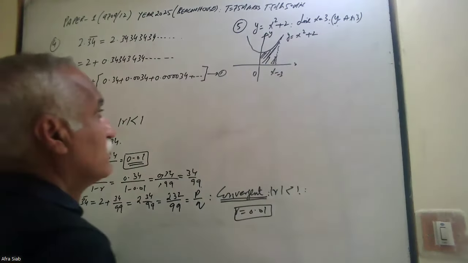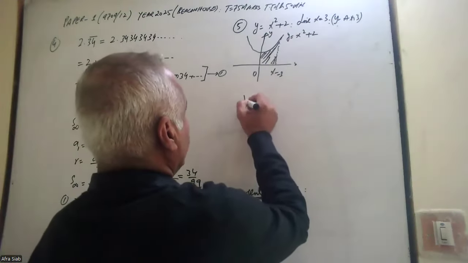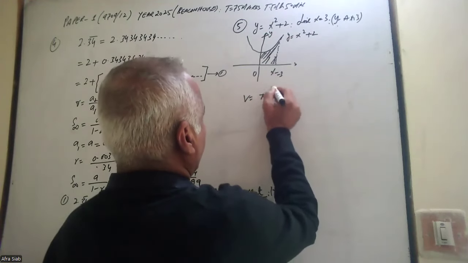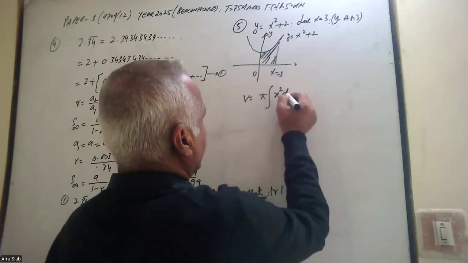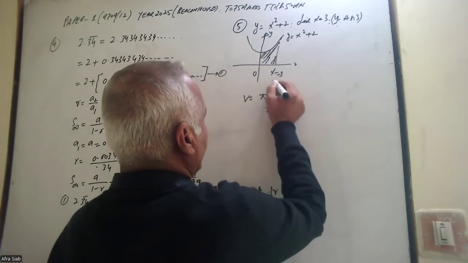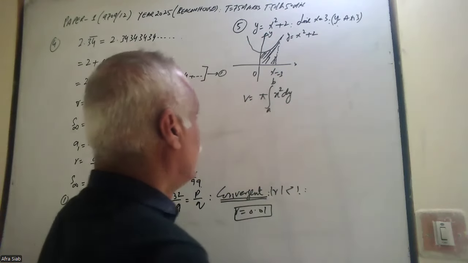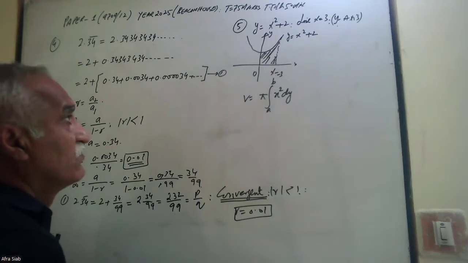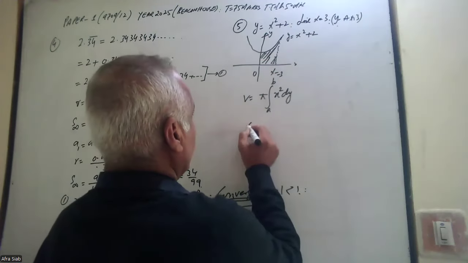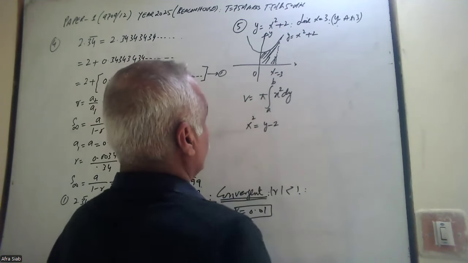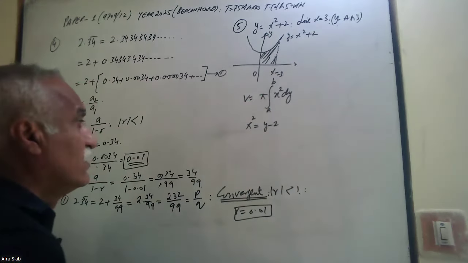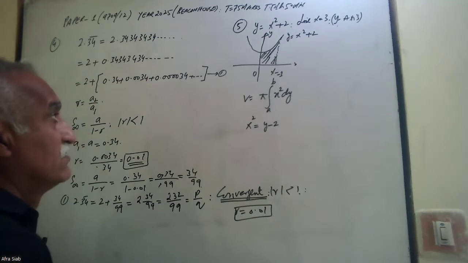We know that the volume about the y-axis is equal to pi integral of x square dy, with limits a to b. Now you have to find that x square is equal to y minus 2. So directly we got the value of x square.